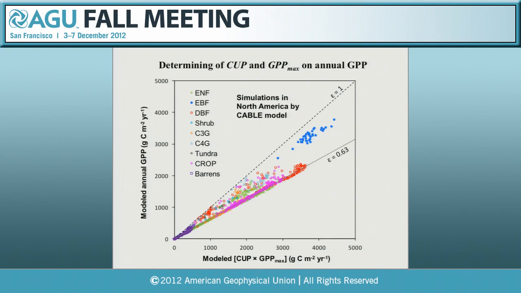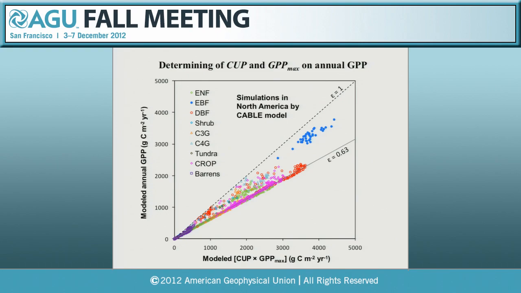Then we analyzed the global model results from the Australian Community Atmosphere Biosphere Land Exchange model. We analyzed the modeled annual GPP against the modeled area, and this is very conservative again, with only a few major outliers. These outliers are basically tropical forests near the equator.